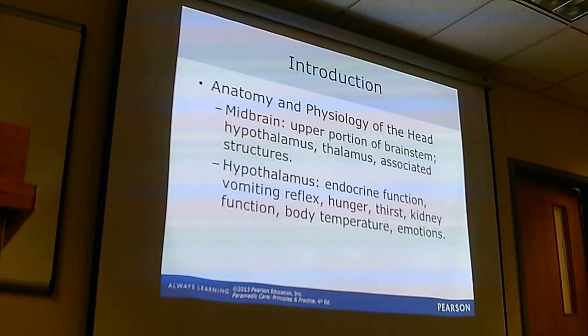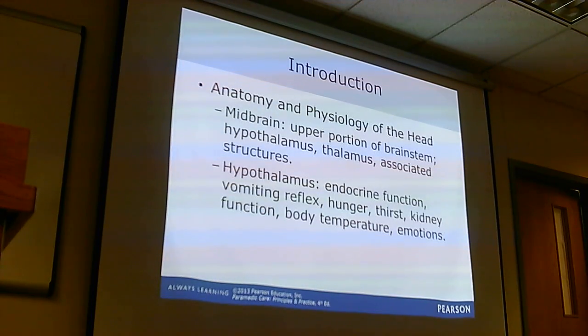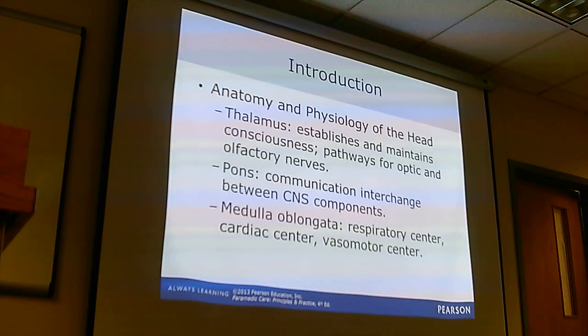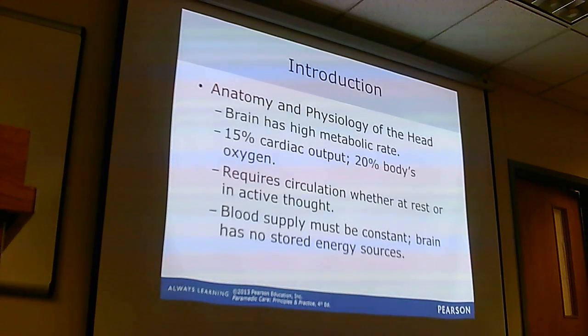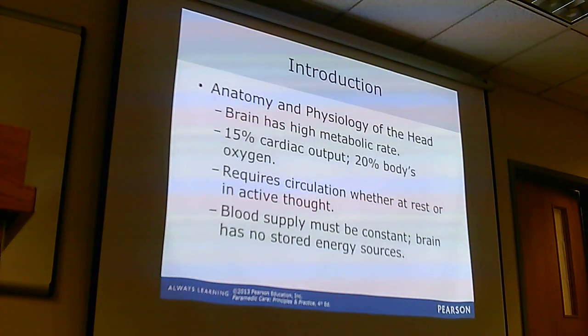And those are going to regulate everything from your endocrine process to associated functions, mostly with the endocrine process. I'm not going to get into you needing to know thalamus, pons, medulla oblongata at this point in time. Just know that your brainstem is your mammalian process, and so if you get intracranial pressure in the brain and it pushes that brainstem down, that shuts down that area, which is your respiratory drive and your basically main functioning.